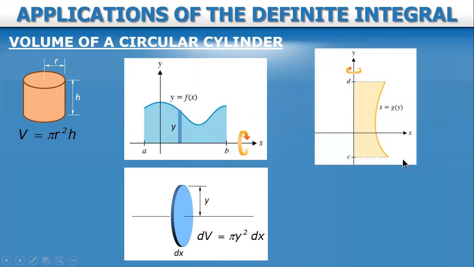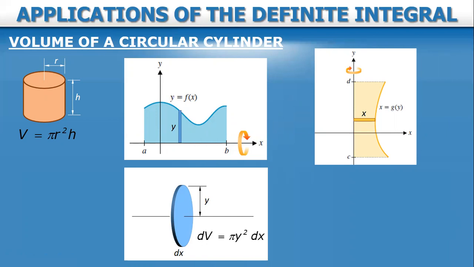Another one, if you want to revolve the area about the y-axis, you consider a horizontal strip, and after revolving, you will get a circular disc. As discussed in area between curves, for a horizontal strip, our notation is x right and x left. But by inspection, our x left is 0, so we only have x right, or simply x.